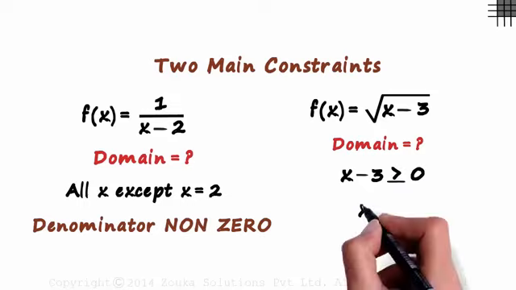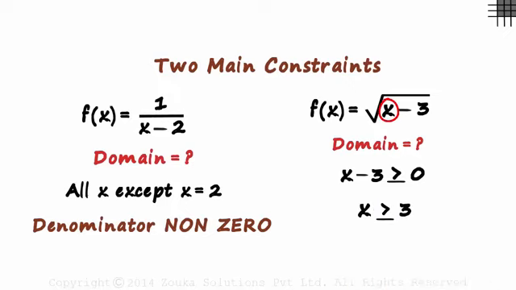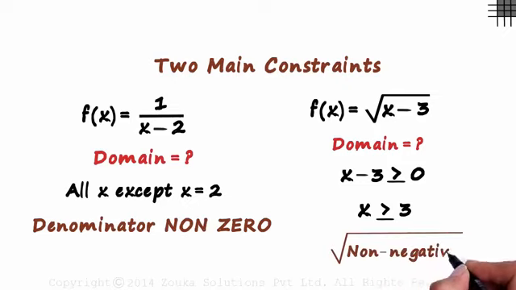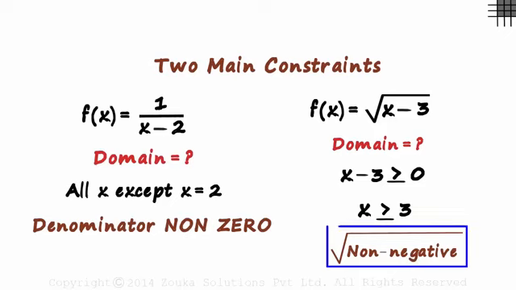This means x has to be greater than or equal to 3. X can take any value which is greater than or equal to 3. That brings us to the second constraint. Even roots can have only non-negative numbers under them. Remember this well. The denominator has to be non-zero, and even roots cannot have a negative number under them.